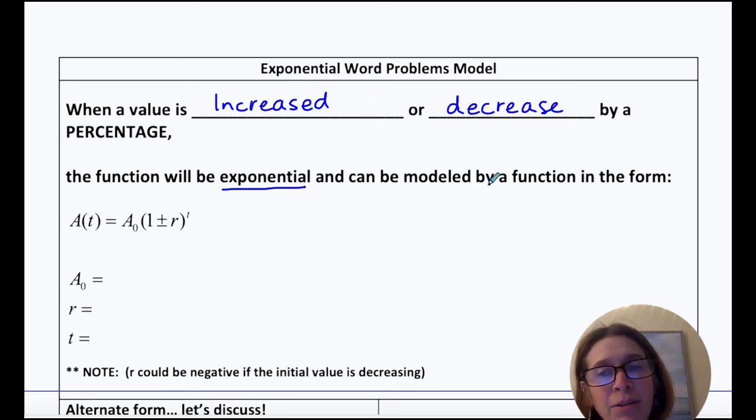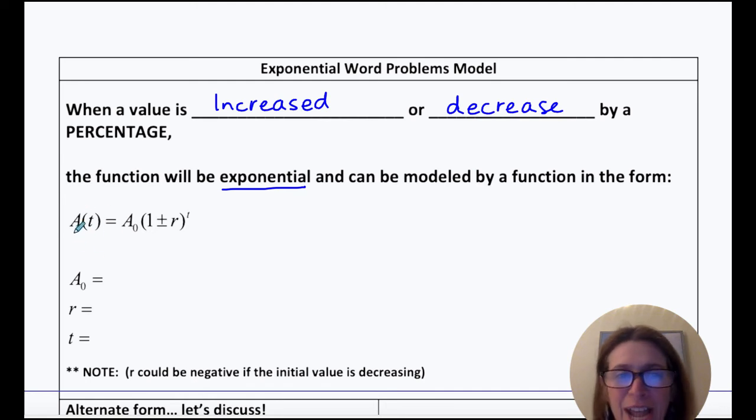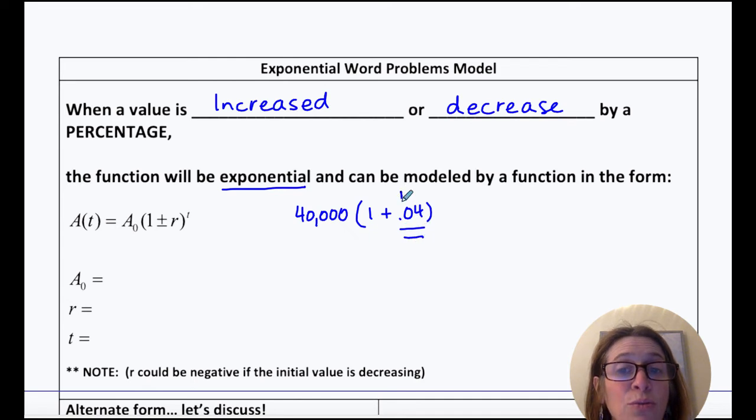And it can be modeled by a function in the form, okay, so I used function language, A of t equals a sub 0 times 1 plus or minus r to the t. So let's think about what we did. We did 40,000 times 1 plus 0.04. That was our rate.